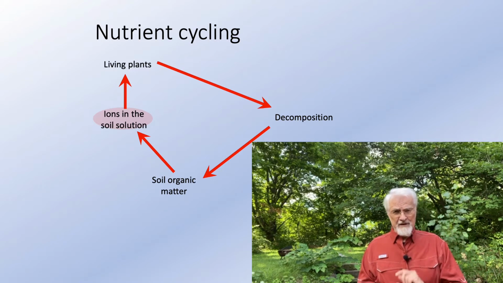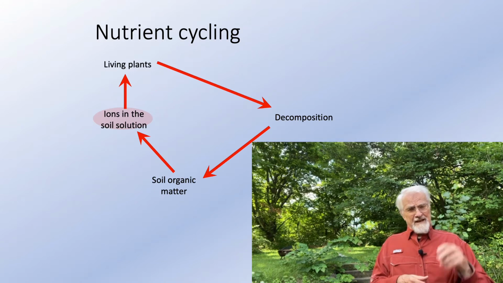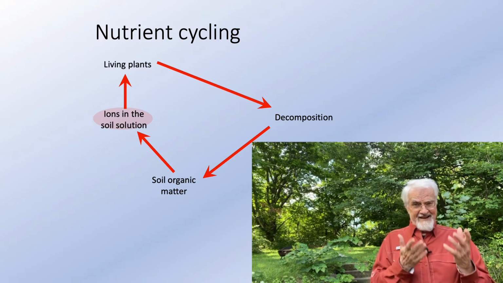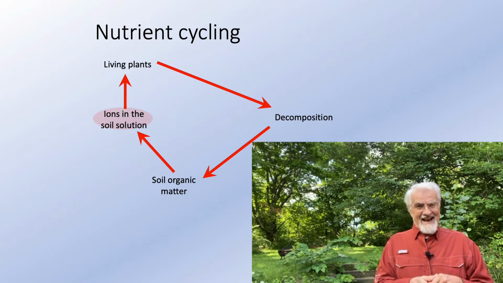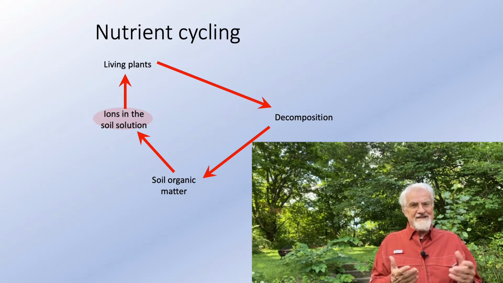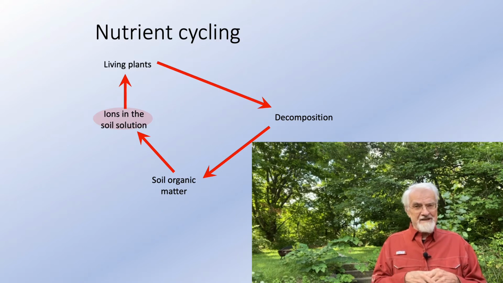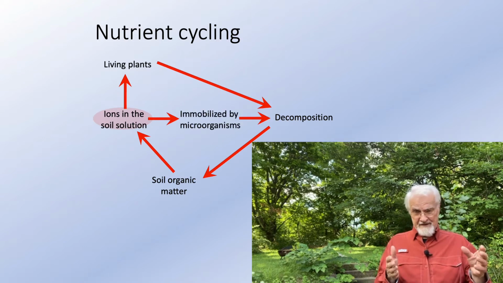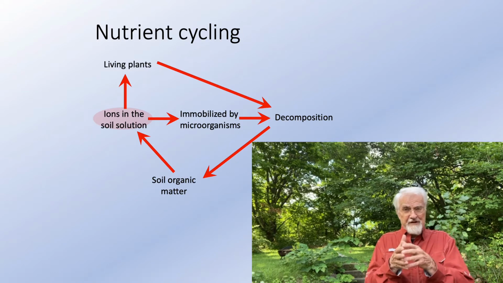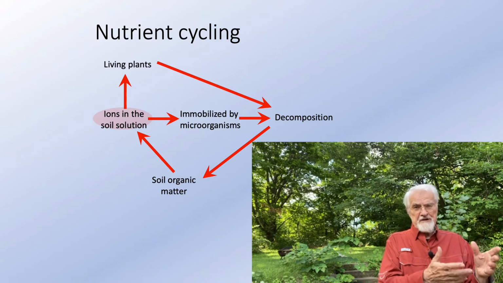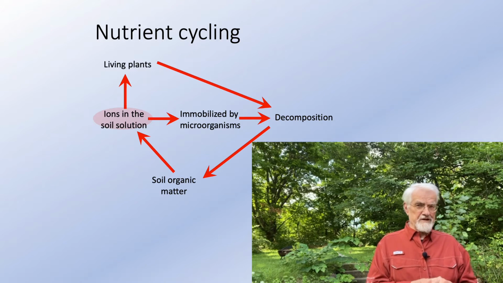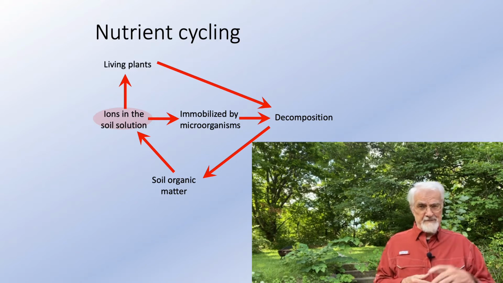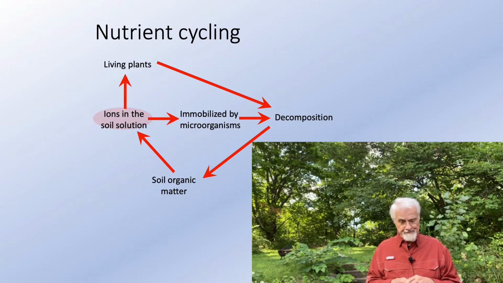Now, the fly in the ointment is that the organisms that are involved in the decomposition process, well, they need ions too, don't they? They need to build their own bodies, and they have to use stuff to build their own bodies, so many of these ions go into the decomposition process. That is, they're in the bodies of the bacteria and the fungi that are engaged in the decomposition process. So there's kind of a competition between the plant and the decomposers.